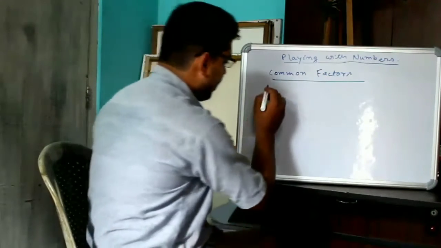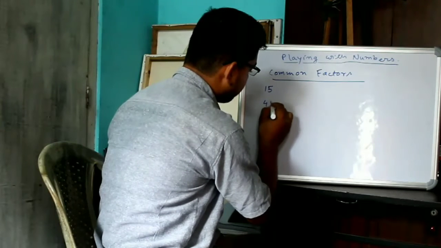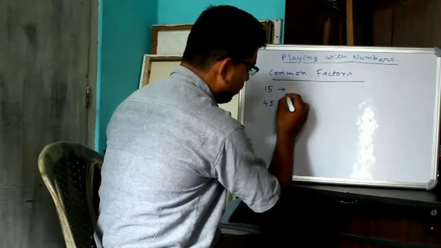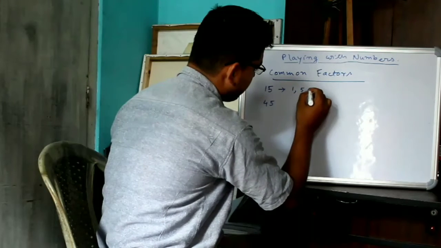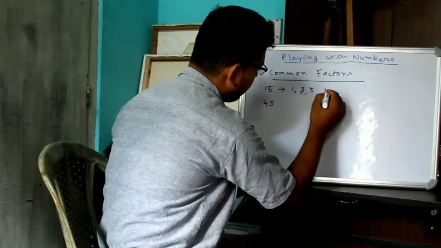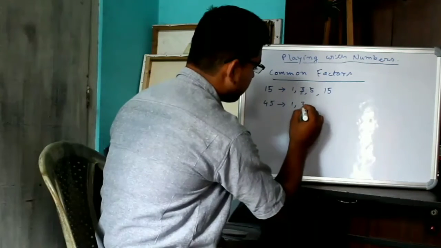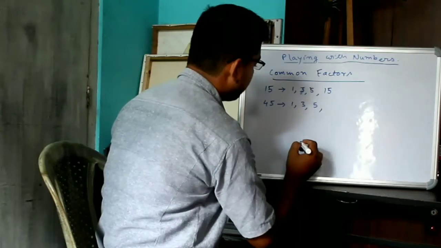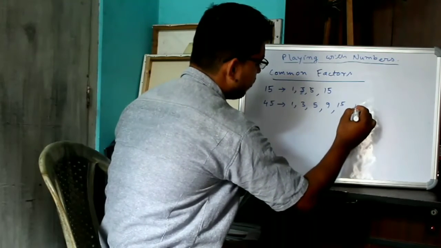For suppose 15 and 45. The factors of 15 are 1, 3, 5 and 15. And the factors of 45 are 1, 3, 5, 9, 15 and 45.